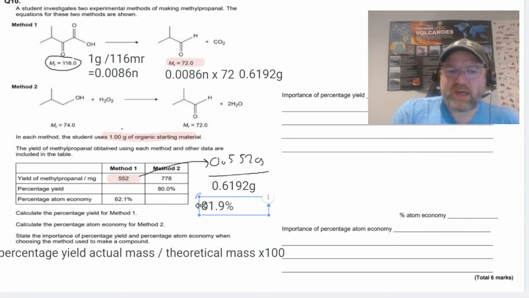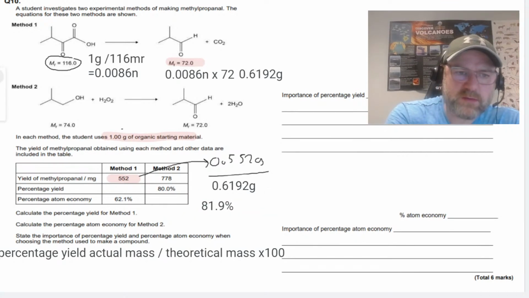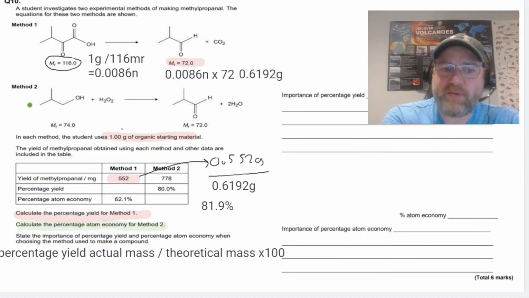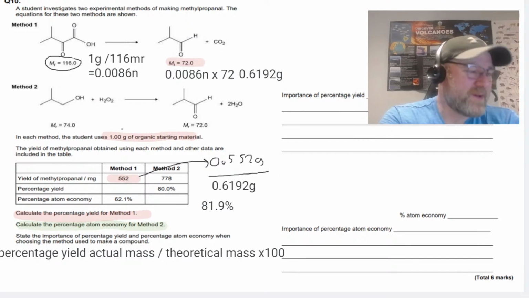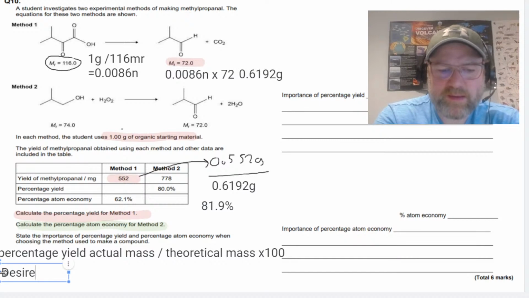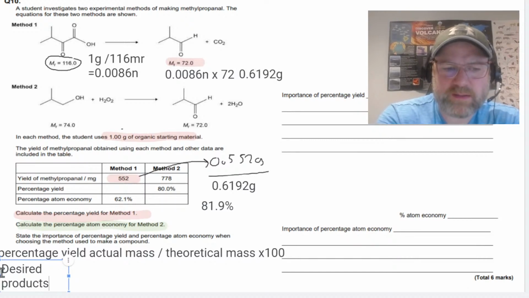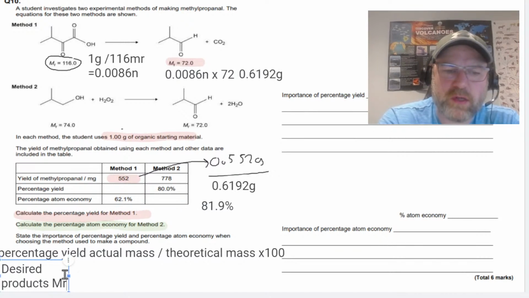Atom economy is actually a lot easier. So for this second part of the question, so this was the first part of the question, I'm going to use green for the second part. Calculate the percentage atom economy of method 2. So for atom economy, you need to know the equation as well, obviously, and it is desired products MR. It's not really the MR because you've got to use the coefficients.